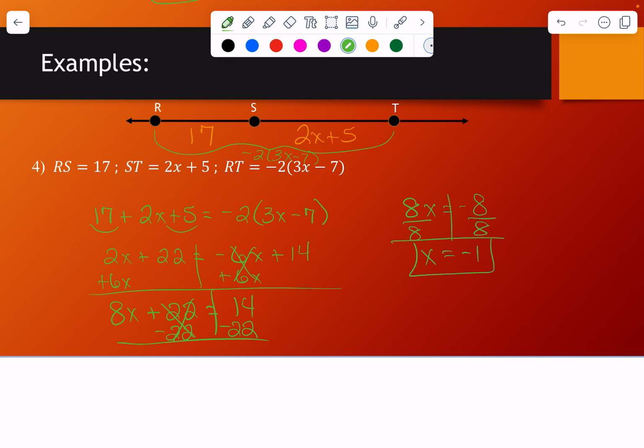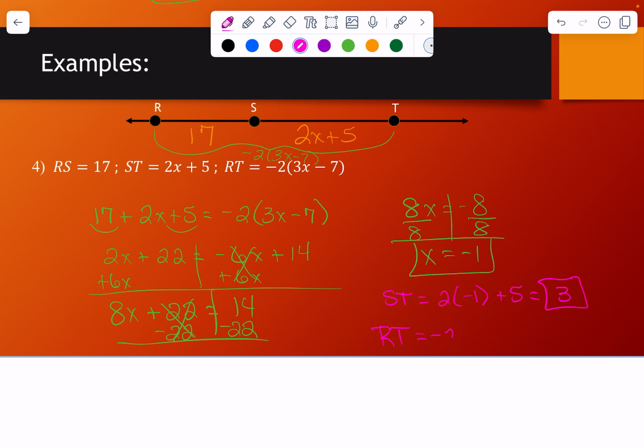Then if I asked you, okay, great, what is the value of ST? We would go 2 times negative 1 plus 5, which would be the value of 3 units. And then to find RT, we could take the 3 plus the 17, which would tell me it better come out to be 20.